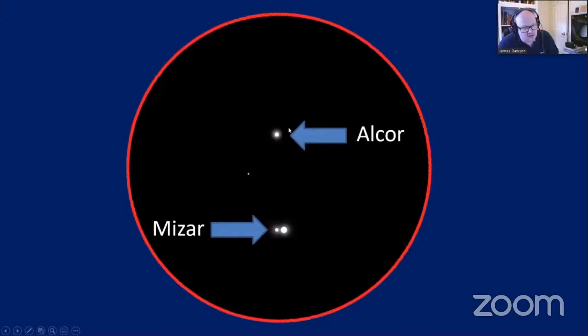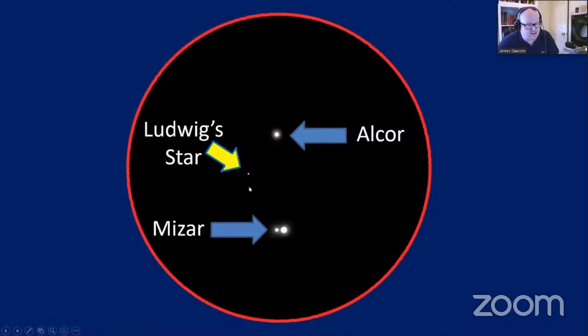The bottom one is Mizar and the top one is Alcor. And you can see that Mizar itself is actually composed of two stars. So with the naked eye and with binoculars, this pair looks like a double. In fact, they are. But then with a telescope, you can see Mizar itself is actually a double system.